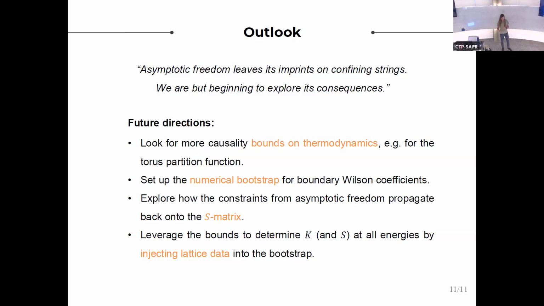But now with this type of formulas, you can just inject the results from the lattice on one side and run the bootstrap to constrain the K and S matrix. That could be used to measure the Wilson coefficients with some bootstrap bounds, but it could also be used to measure the shape of K and hopefully S, if it enters this type of bounds, at all energies. And that could be a very useful way to leverage this information from the lattice.